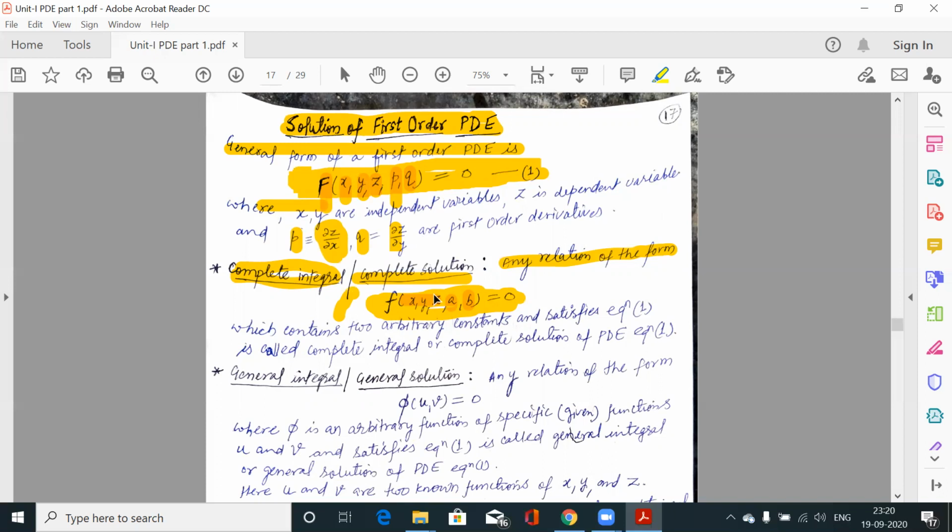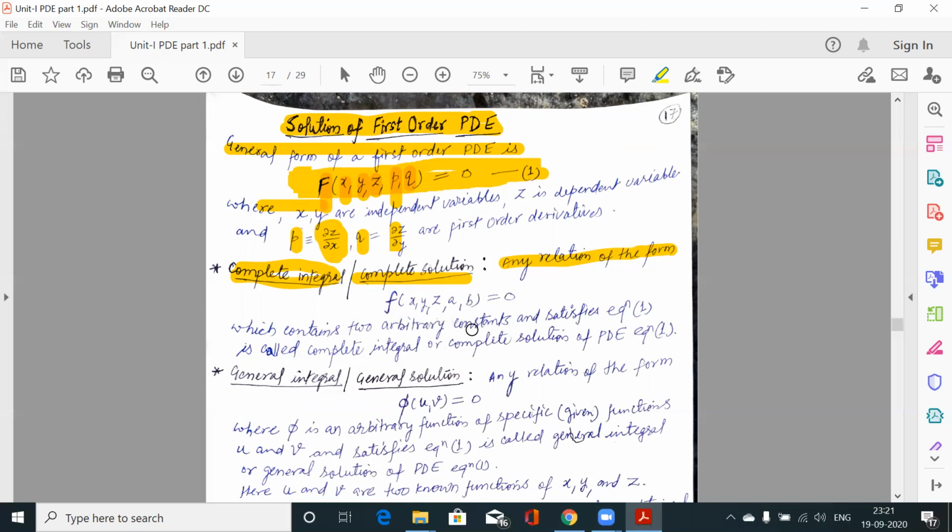The equation was capital F, and the solution we are denoting by small f. Small f is not an arbitrary function, it simply indicates that the relation contains x, y, z, a, b. Any form of these which includes these variables and these two arbitrary constants, equal to 0, is known as our complete solution.